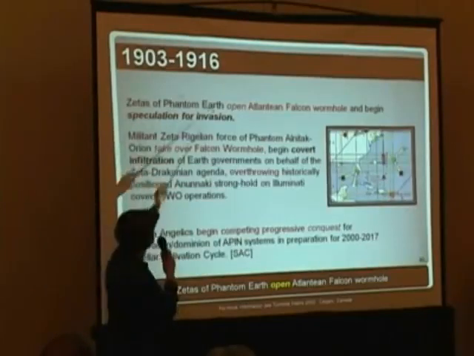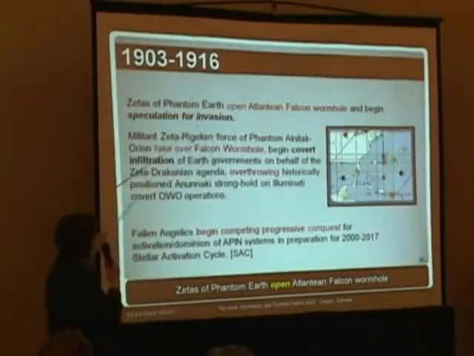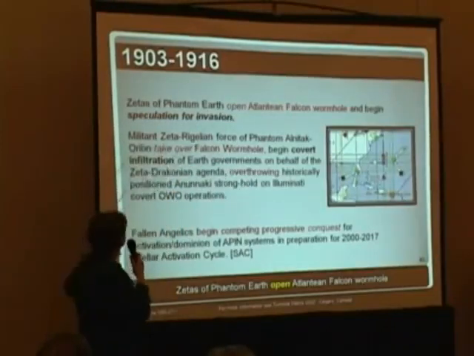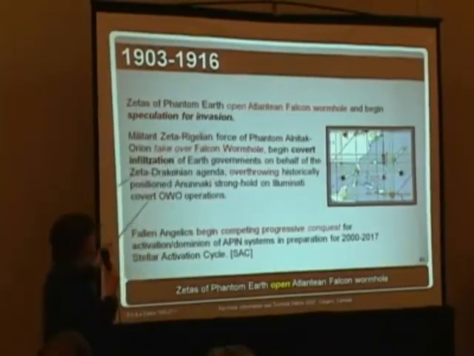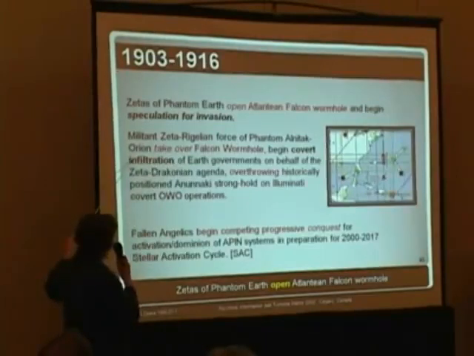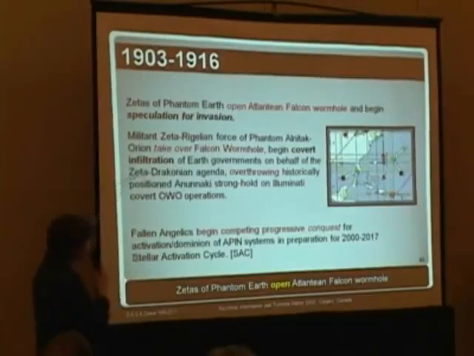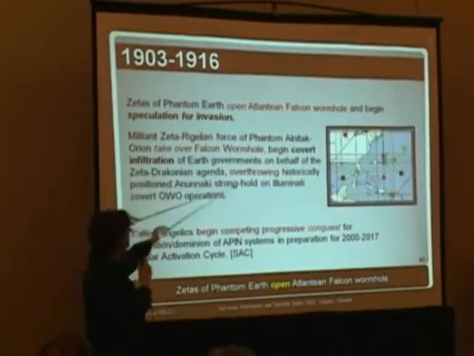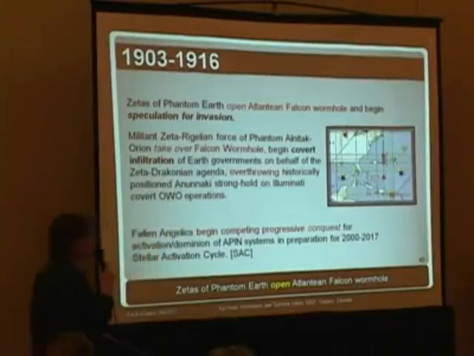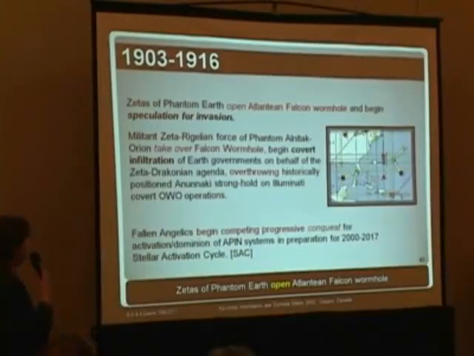So the Zetas of Phantom Earth open the Falcon wormhole. The Zeta Regalian take over the Falcon wormhole. And they begin covert infiltration of Earth governments on behalf of the Zeta Draconian agenda, overthrowing the historically positioned Anunnaki stronghold on the Illuminati covert One World Order operation.